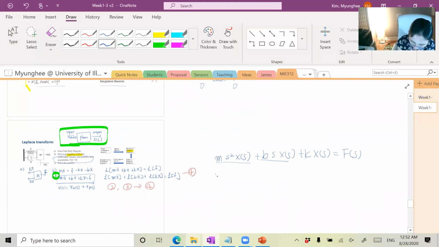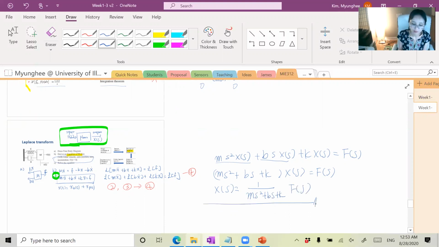Then we can arrange this equation, and X(s) becomes very simple. After this, if you want, you can take the inverse Laplace transform to get the time domain solution.